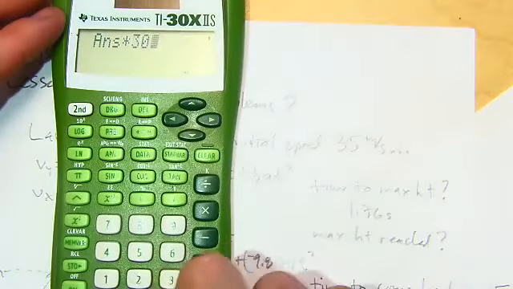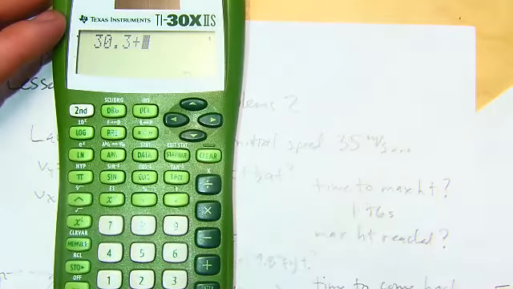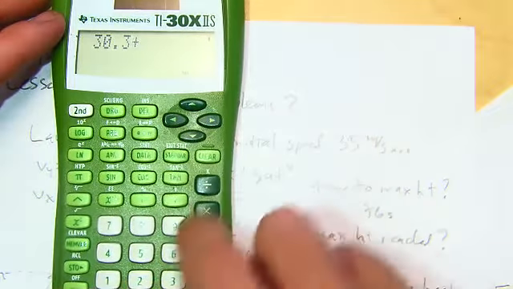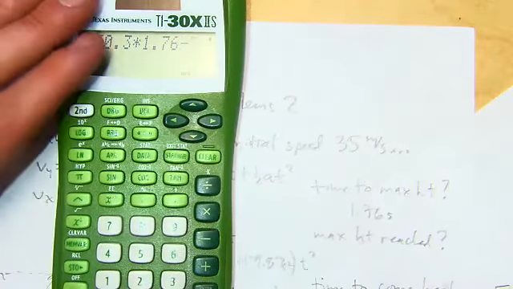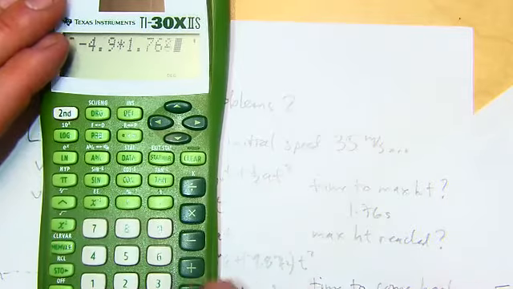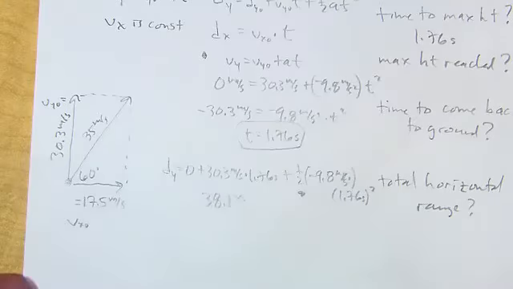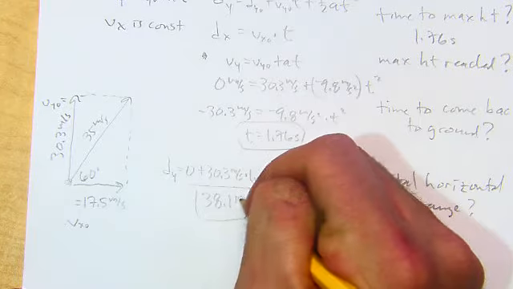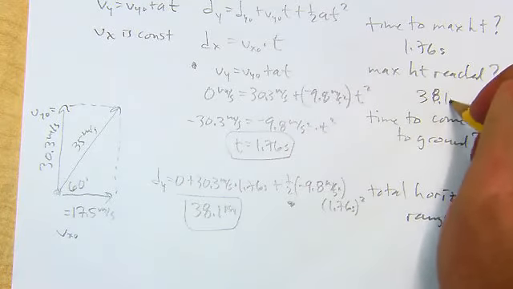So 30.3 times 1.76, and then it's going to be a minus 4.9 times 1.76 squared. I'm getting 38.1 meters when I work out that whole mess. That's the max height reached, 38.1.